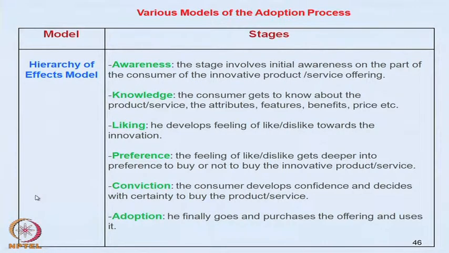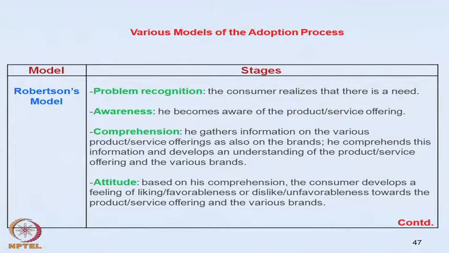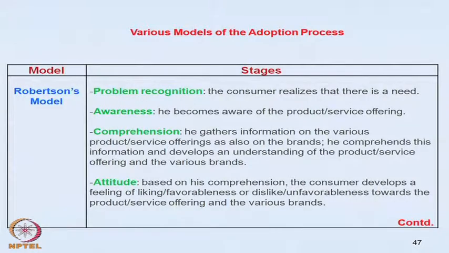Another model is Robertson's model, which starts with problem recognition, where a consumer realizes there is a need. It moves to awareness, where he becomes aware of a product or service offering. Comprehension, where he gathers information about a new product or service offering and about the various brands, comprehends this information and develops an understanding.